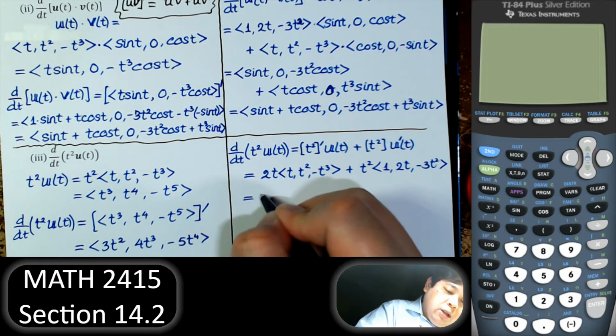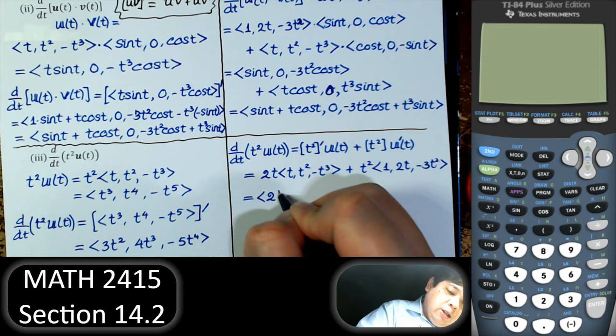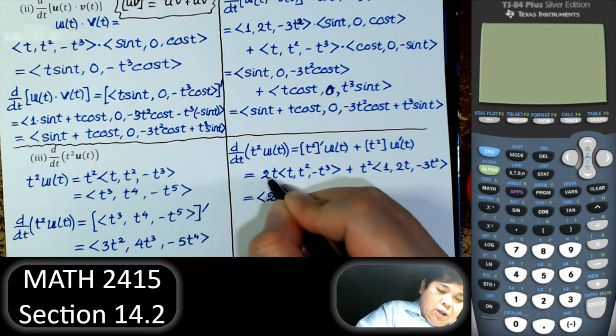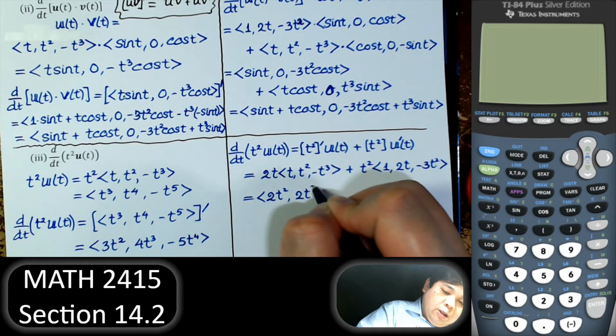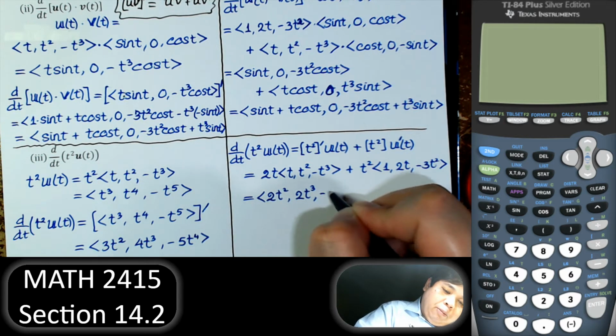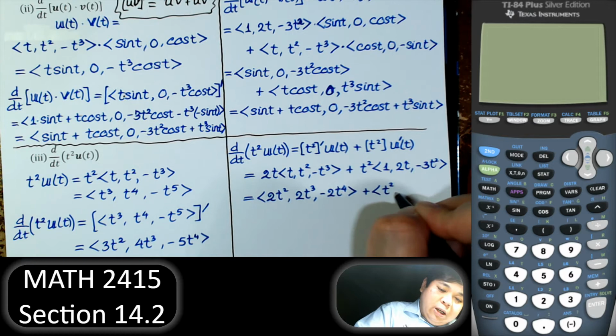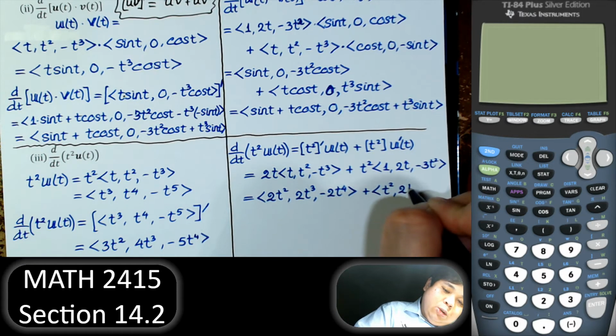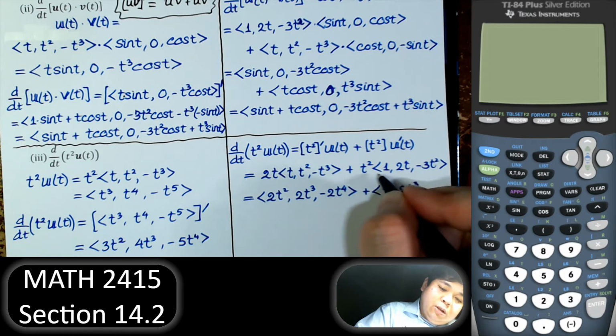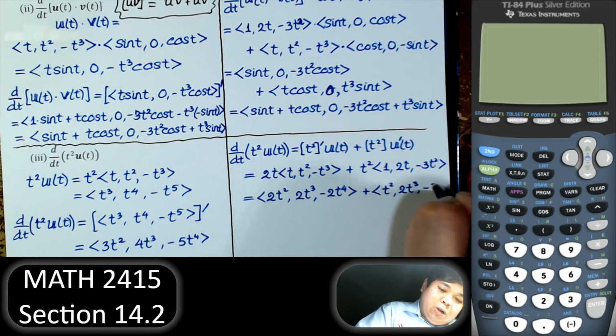Multiply out: 2t squared, 2t cubed, minus 2t to the fourth, plus t squared, 2t cubed, minus 3t to the fourth.